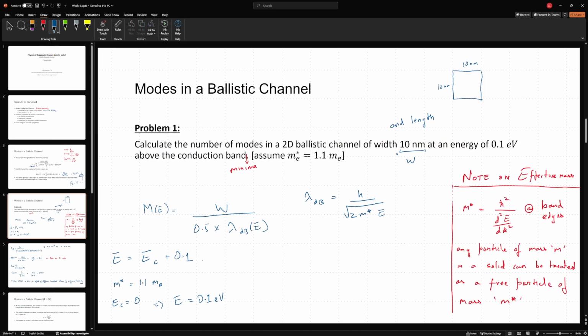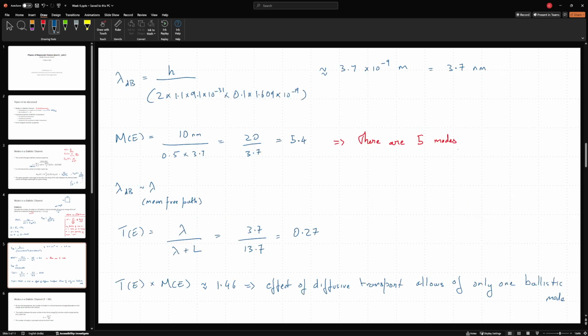Essentially, previously we had five modes for ballistic transport. But if the channel length were say 10 nanometers, then the effective number of ballistic modes that are available will actually come down to 1.